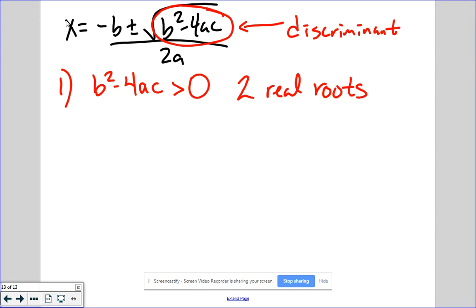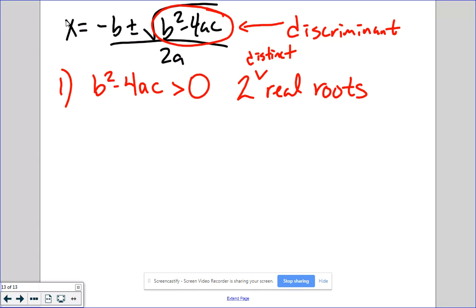In your book, they call this distinct: 2 distinct real roots, so 2 separate answers. If this is a positive number, no matter what it is, when I take the square root it's still going to be a positive number.